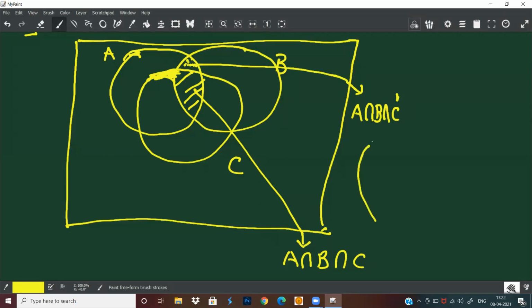A intersection B दिखाऊं? ये है A intersection B. इसका A intersection B का ये पार्ट है जो C में नहीं है, and A intersection B का ये पार्ट है जो C में है.